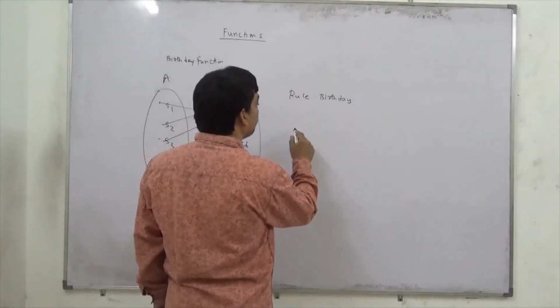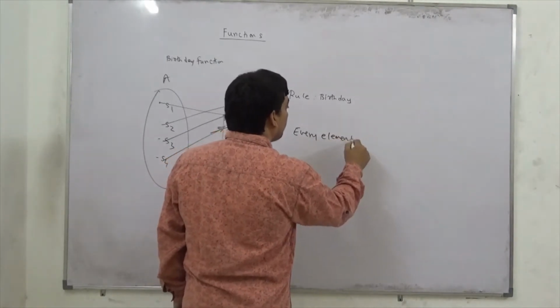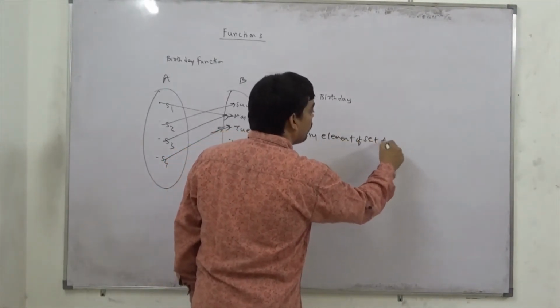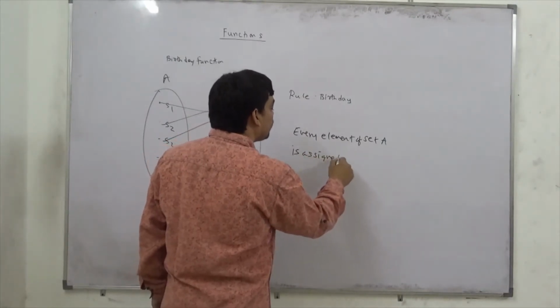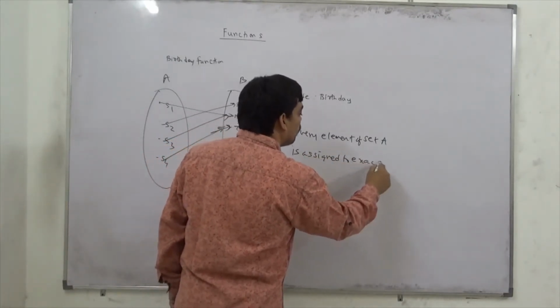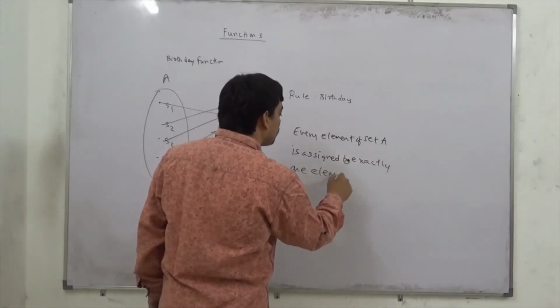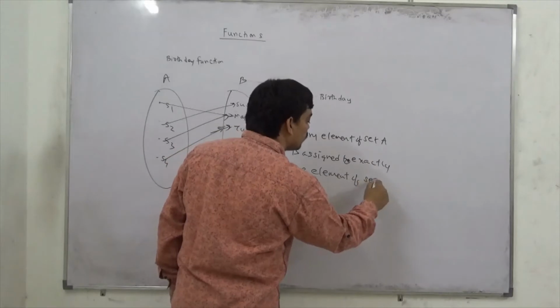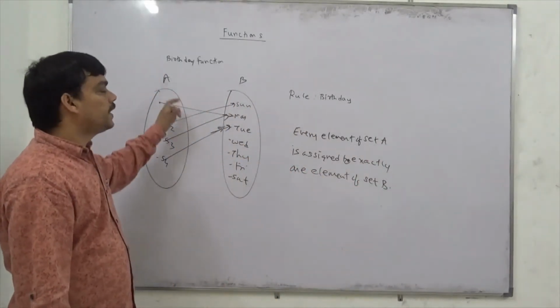So keeping all these points in mind, we can imply all these things by one single statement: every element of set A is assigned to exactly one element of set B. This statement implies all the statements which I have stated earlier.